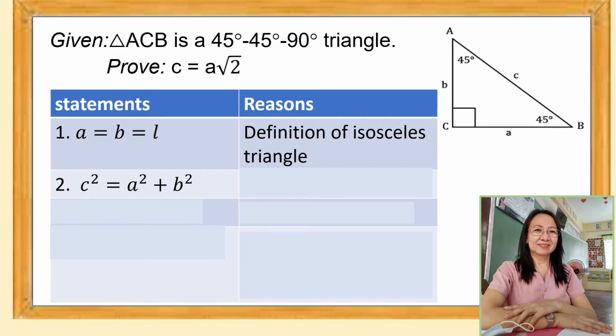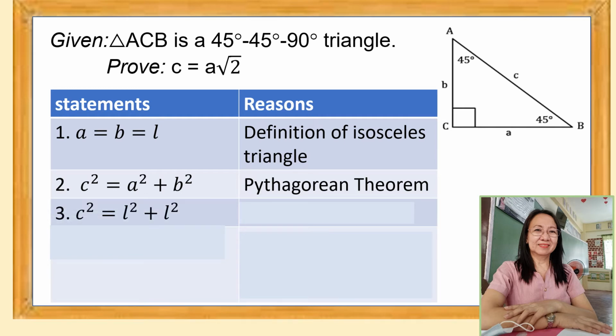Then, by using the Pythagorean theorem, c squared is equal to the square of a plus the square of b. Then let us substitute a and b by L, so by substitution in statements 1 and 2.